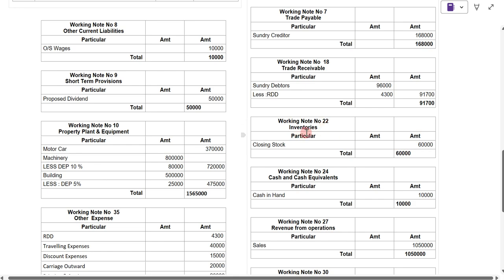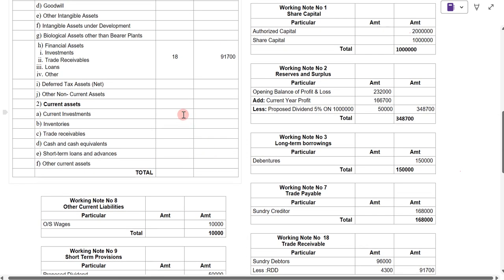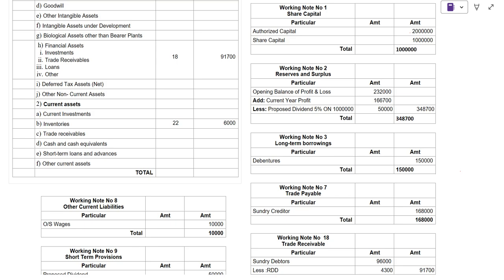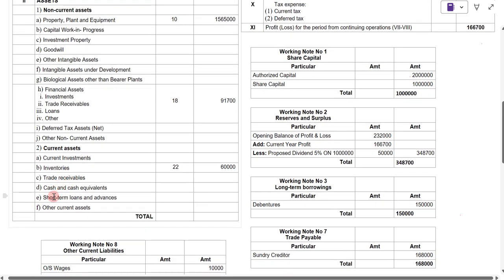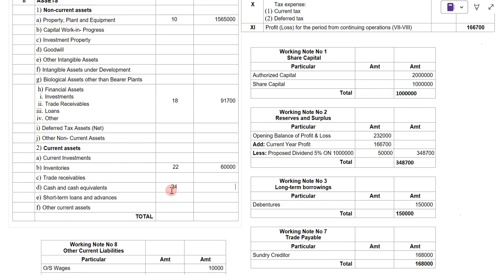Inventories, note number 22, total is 60,000. Next is note number 24, that is cash and cash equivalents. Cash and cash equivalents, note number 24, total is 10,000.